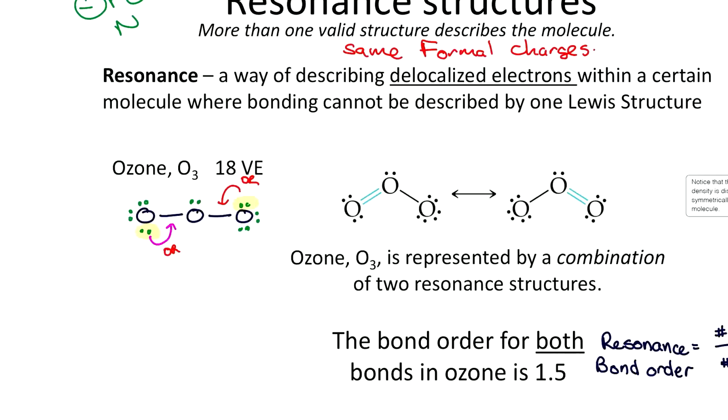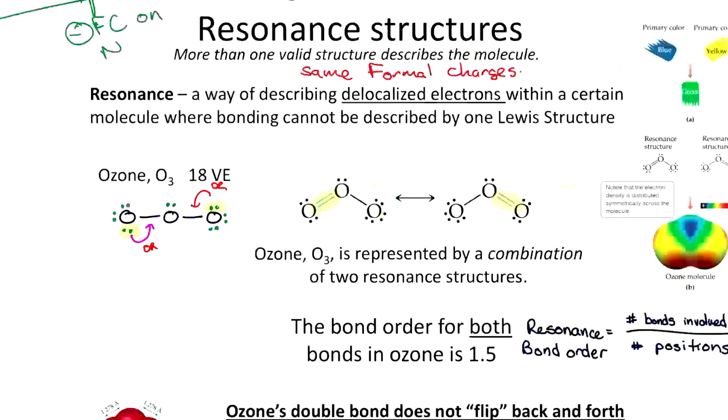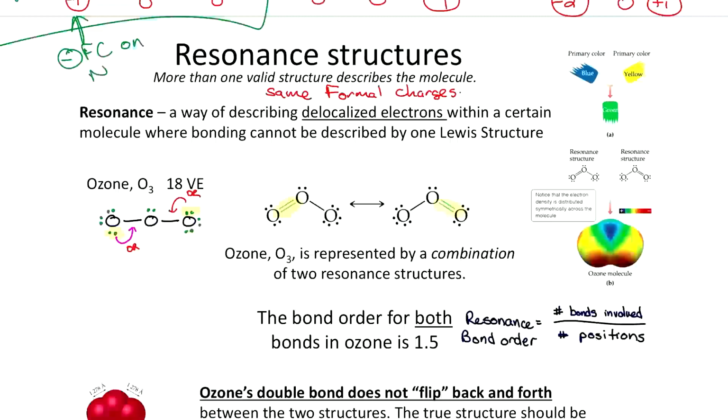It doesn't matter which one I choose. There are multiple ways we can complete a Lewis structure where both of them are equivalent. So notice here that we have the double bond on this side, or we can have a double bond on this side.